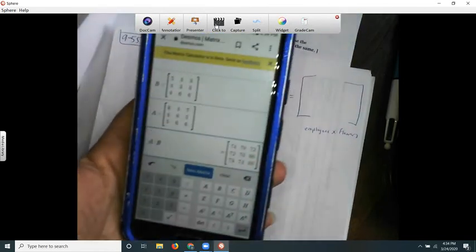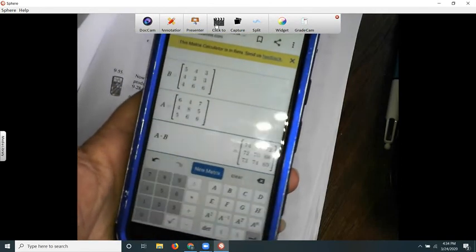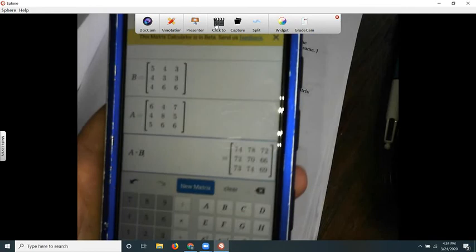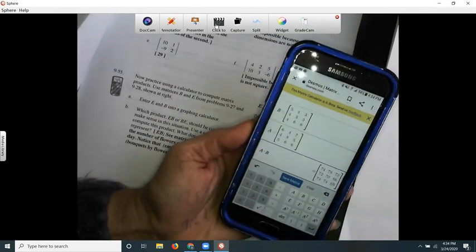And let's see if that matches with what they have. Yeah. So there's my product matrix right there. So that's the answer that they want. I hope that this isn't too complicated. I hope you can find a way to get a matrix calculator that'll work for you. So that's all.